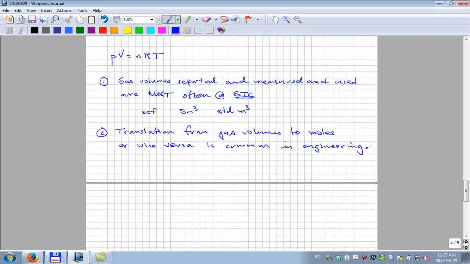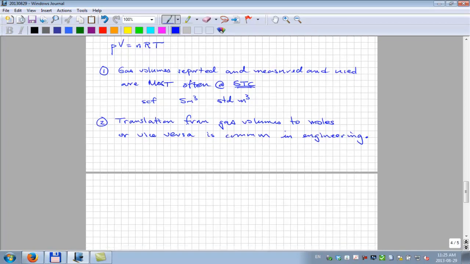And because of that, because of this first point, we're almost always going to be translating from surface standard condition gas volumes to moles and back and forth.